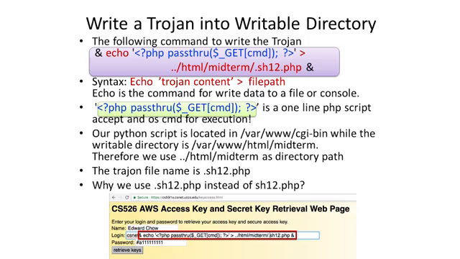The malicious content, the Trojan we are going to put in, is a single line of PHP code, starting with angle bracket, question mark, php. We use the PHP function called passthru and give it the parameter $_GET['cmd']. $_GET is a hash array provided by PHP.